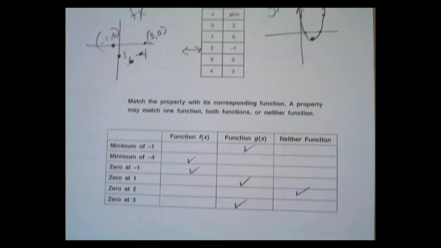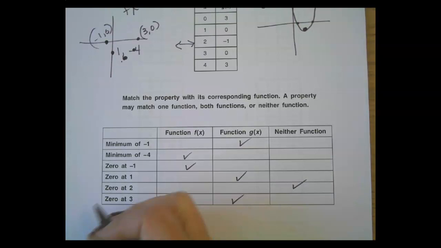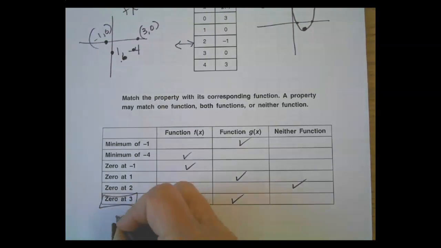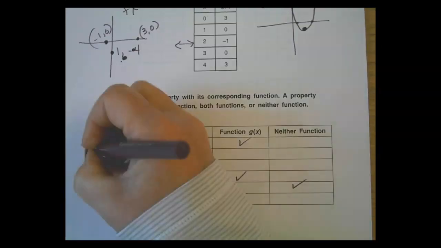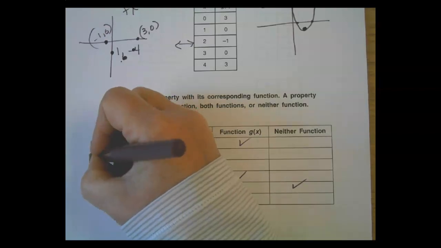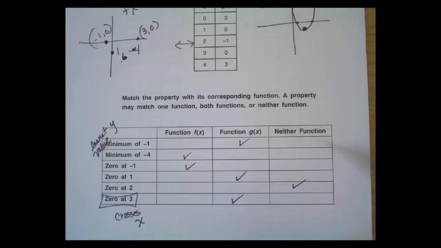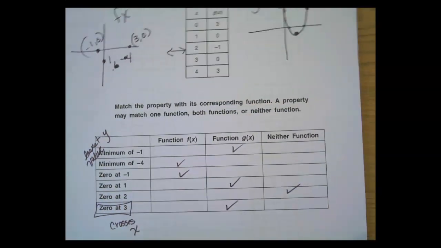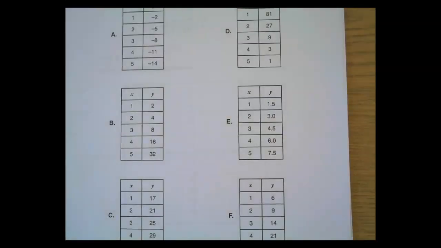And that's how you do that. So you're just answering the questions. Make sure you understand that 0 means where it crosses x. Sometimes they call those the roots. Minimum is the lowest value. And you're talking about lowest y value. Okay? Wasn't so bad. And love the Desmos.